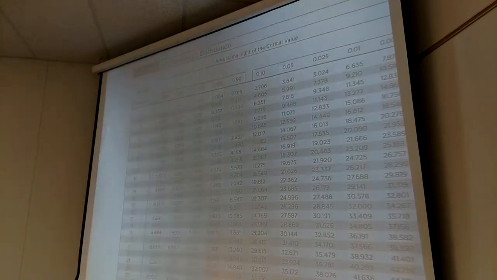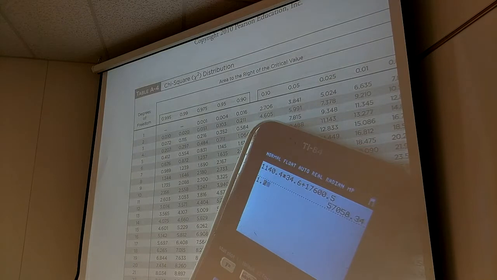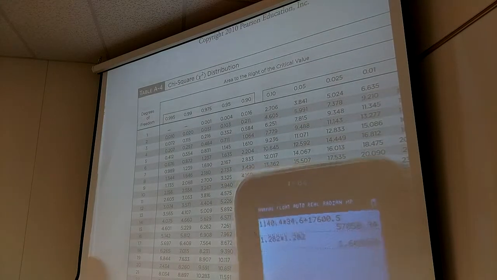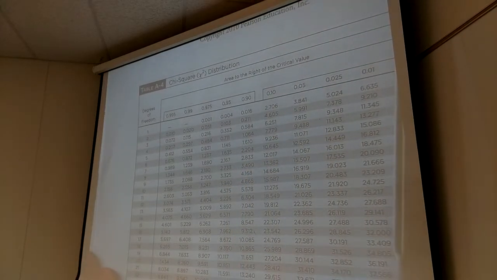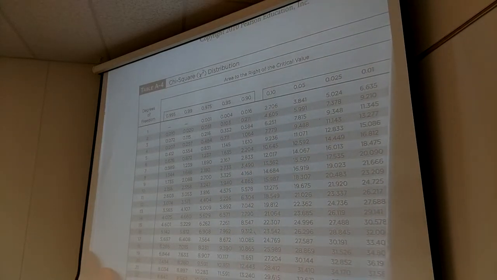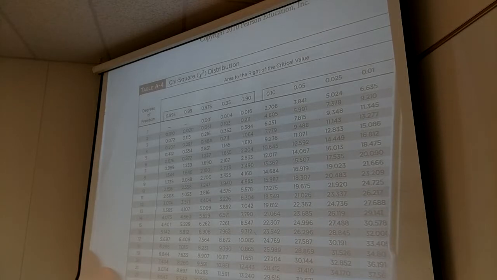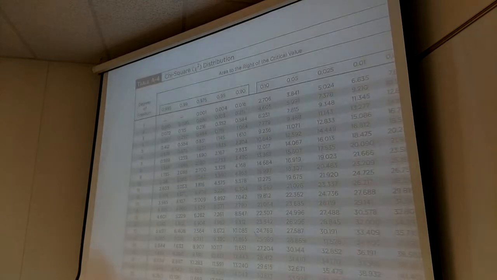Let me see if I remember this correctly. Darn it, doesn't do what I wanted it to. I haven't done that in a long time, how to do the folding and show you on this chart, so I'm not going to worry about it right now.